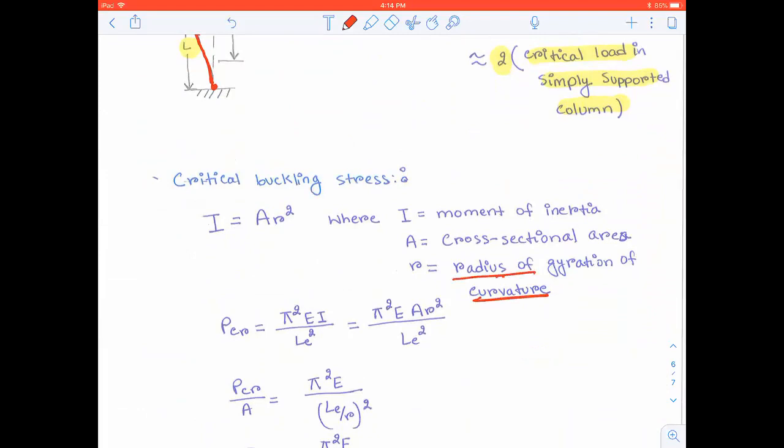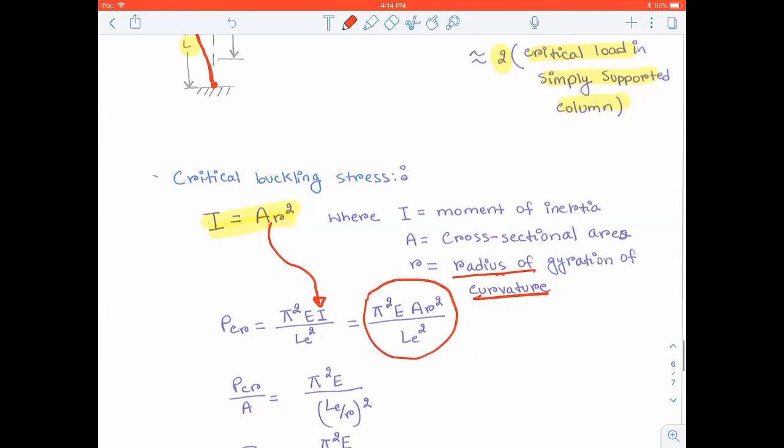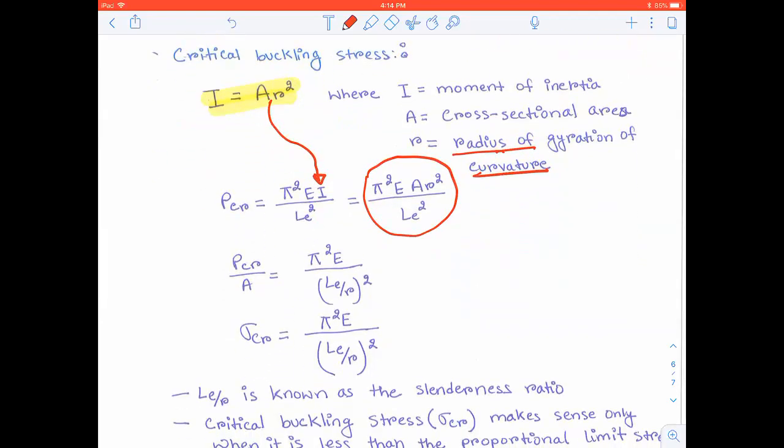Moment of inertia is equal to cross-sectional area times this radius squared. So you can replace this I with this quantity, and I can write the equation down just like this.